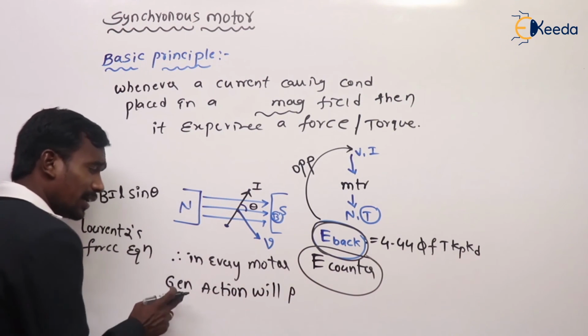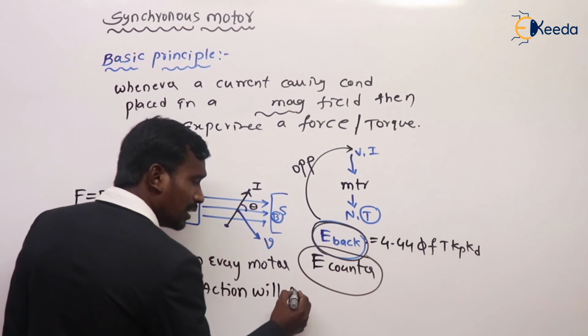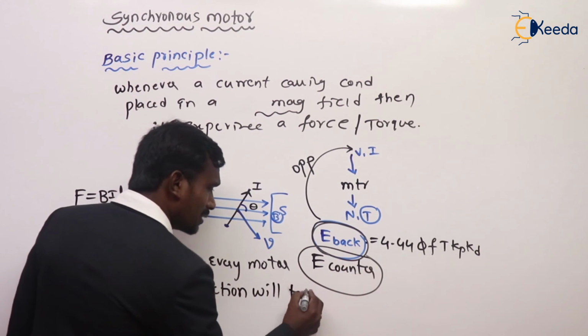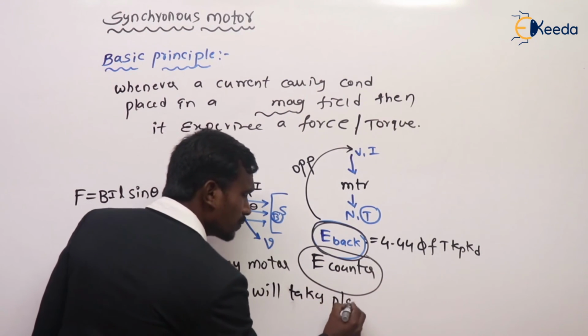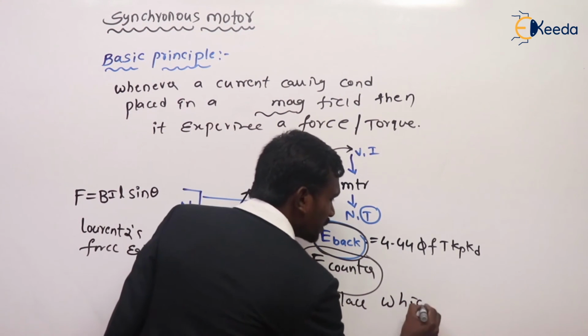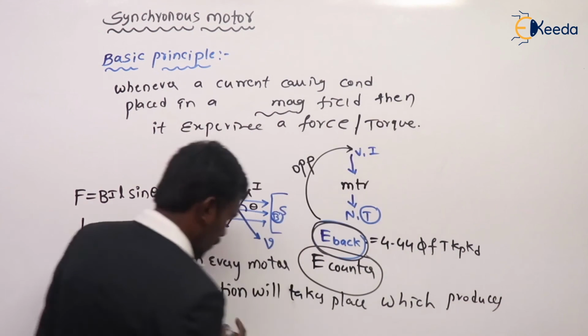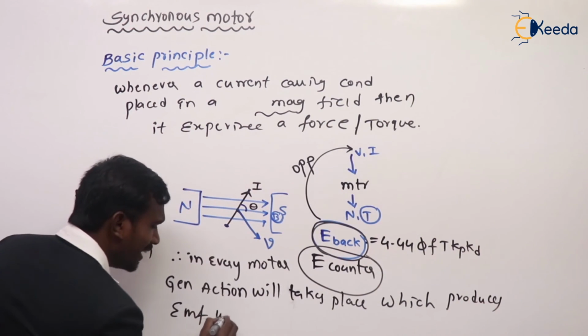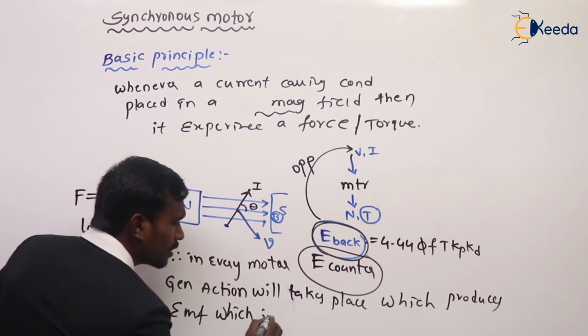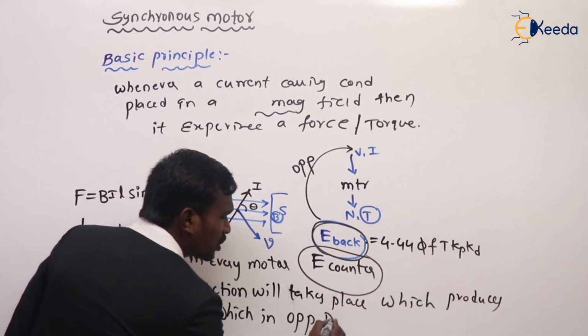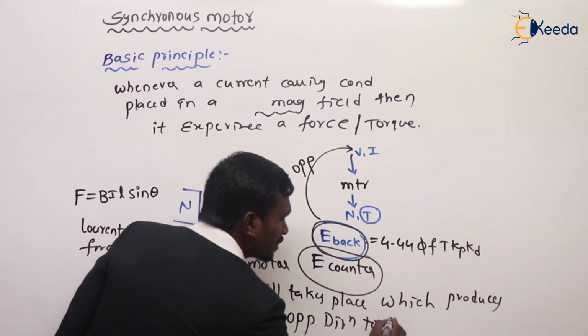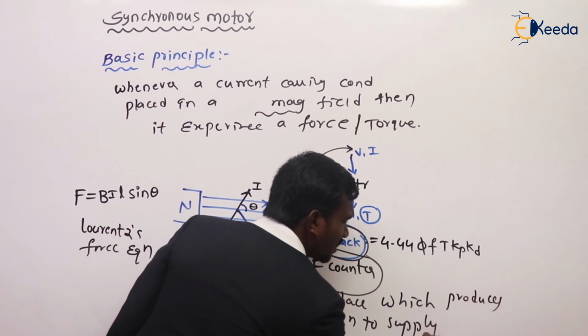Here, generator action will take place, which produces EMF, which is in the opposite direction to the supply voltage.